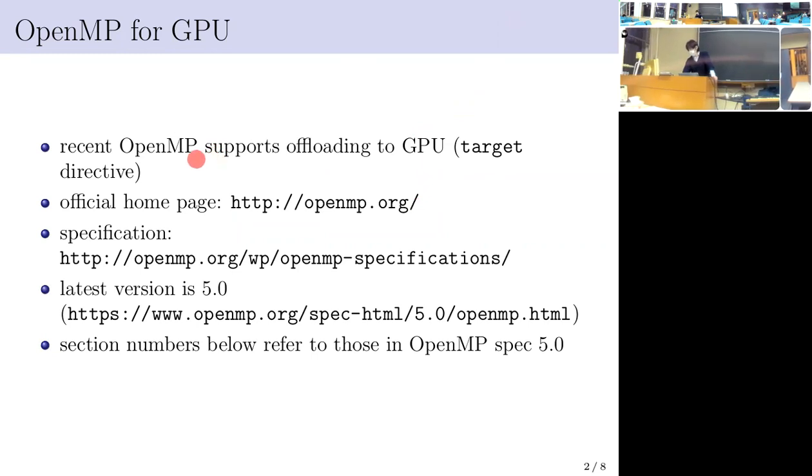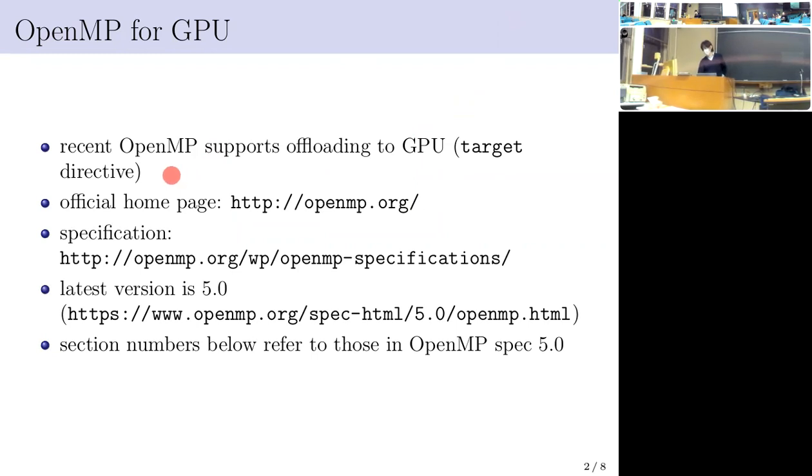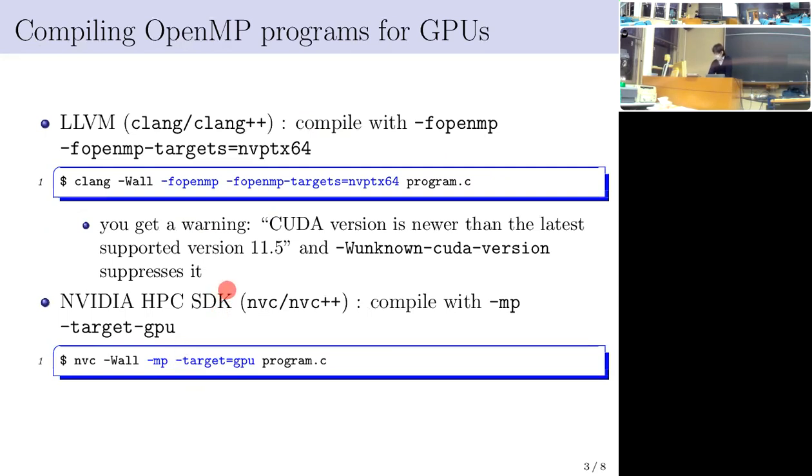Recent OpenMP supports something called offloading, so you can do things on GPU, and it revolves around something called the target directive. I'll get to it shortly. Again, you can see the details on the official homepage and the specification.